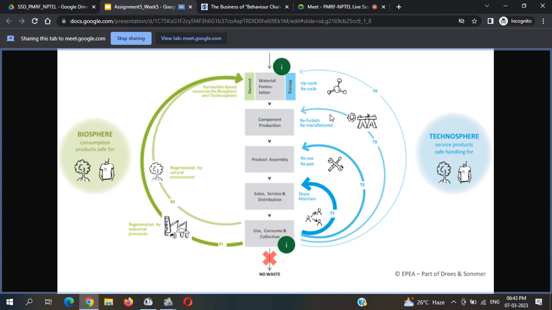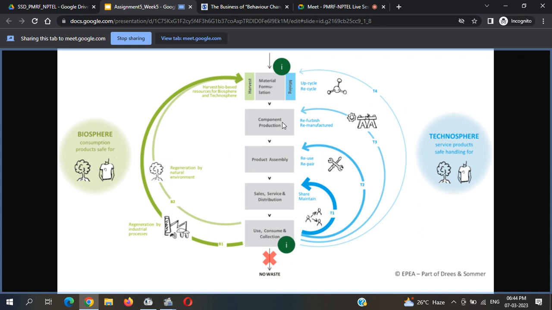Or then the product can even go to component production, where the end product is not usable as a whole, but parts of it are still in a usable condition, so they can be extracted from the product, and the components can then be used to refurbish another product.